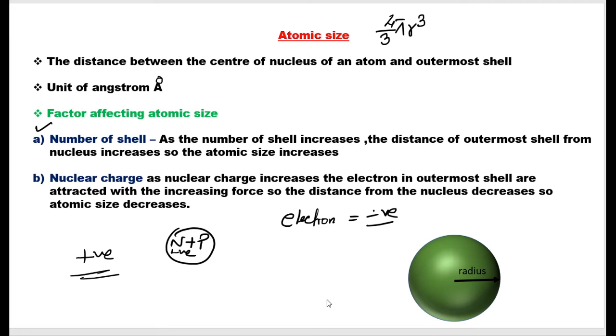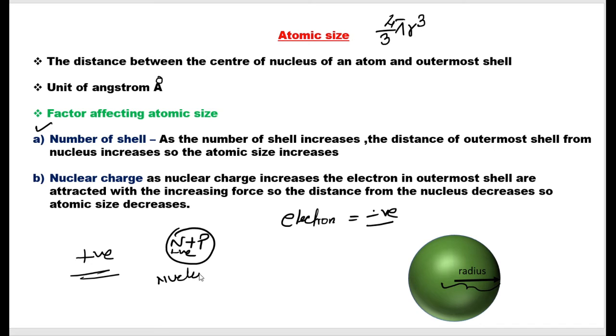As it is pulling the electron towards itself, the outermost orbit electrons are attracted towards the nucleus more. As the electrons are getting more attracted, this distance will decrease.